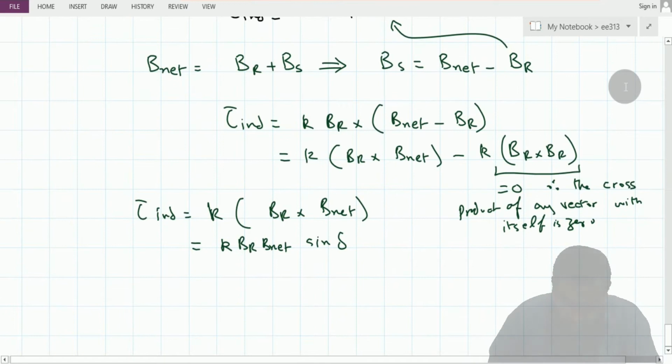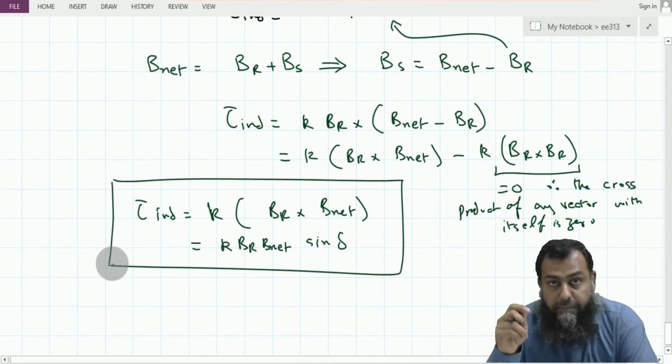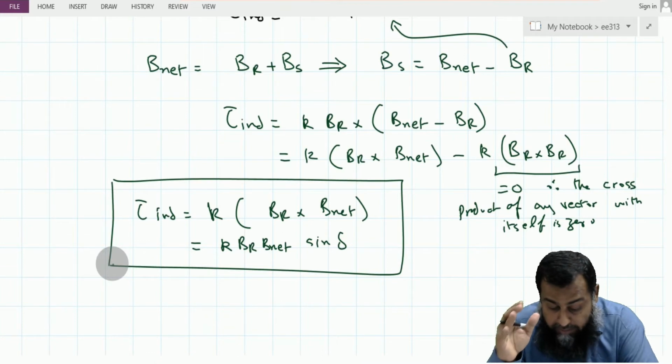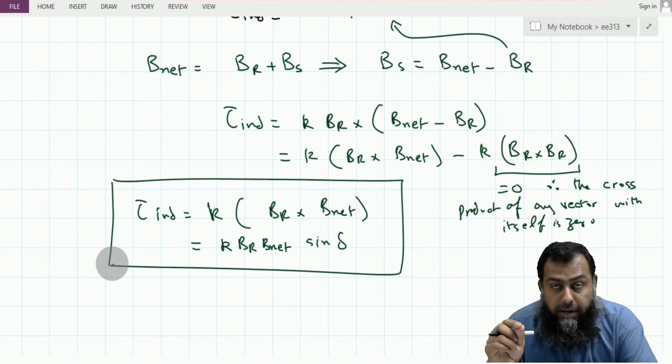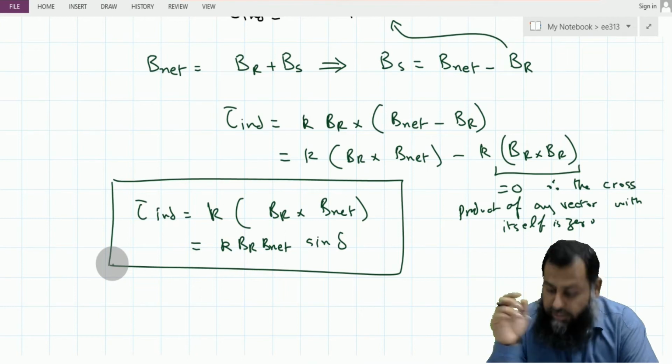Now that we have understood how the induced torque in a machine is dependent on the magnetic field inside the rotor circuit and the angle between the rotor magnetic field and the net magnetic field present inside the motor, we are now in a better position to understand how the torque in an induction motor varies with the applied load on the machine, so that we can understand how the torque speed characteristics of an induction motor vary.